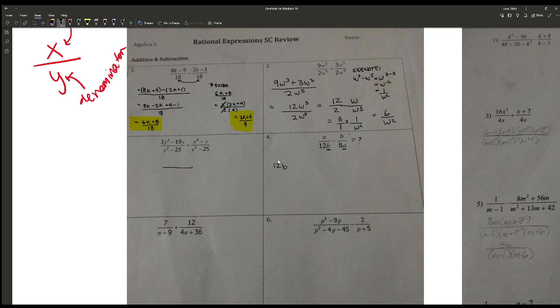Here, I'll just draw it out. So what we're going to do is a over 12b, and then you're going to multiply it by the other fraction's denominator. So we're going to multiply it by this whole thing. So it's 8a. So that's going to be 8a over 8a.